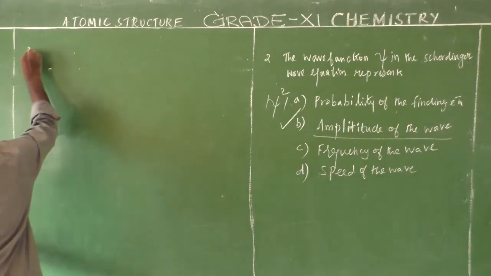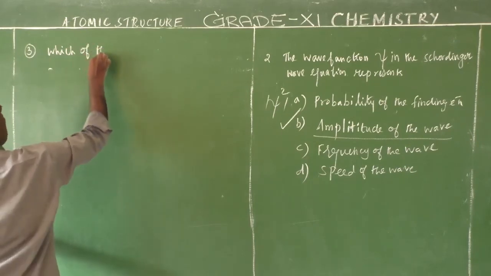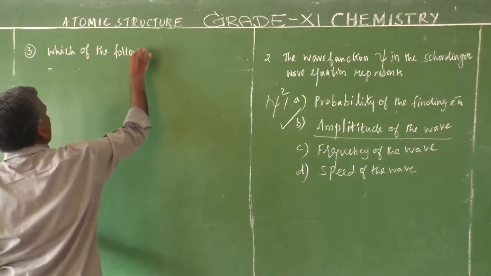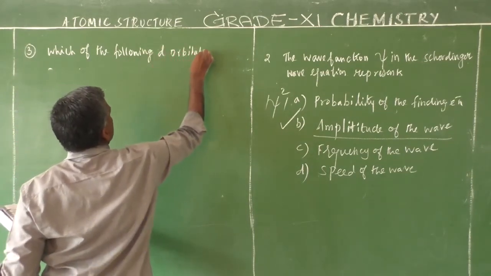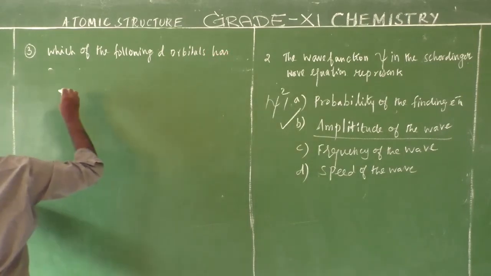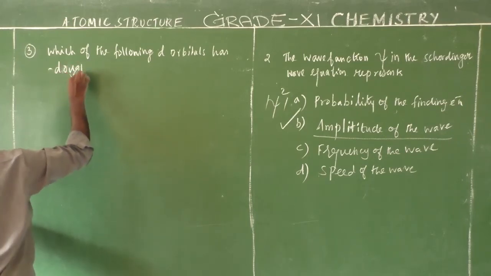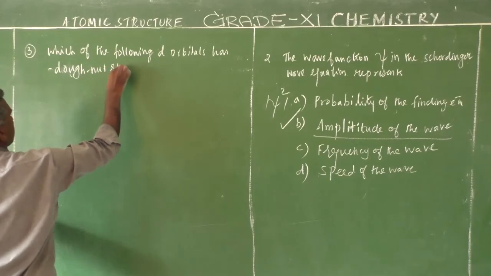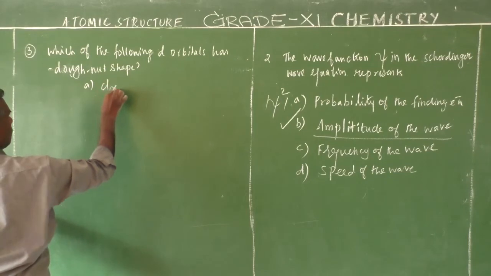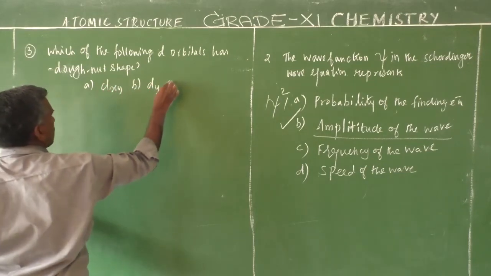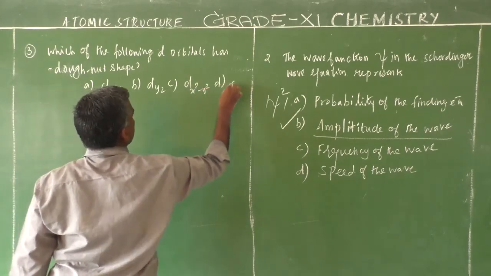Third question: which of the following d orbitals has a doughnut shape, D-O-U-G-H-N-U-T shape? Option A, dxy. Option B, dyz. Option C, dx square minus y square. Option D, dz square.